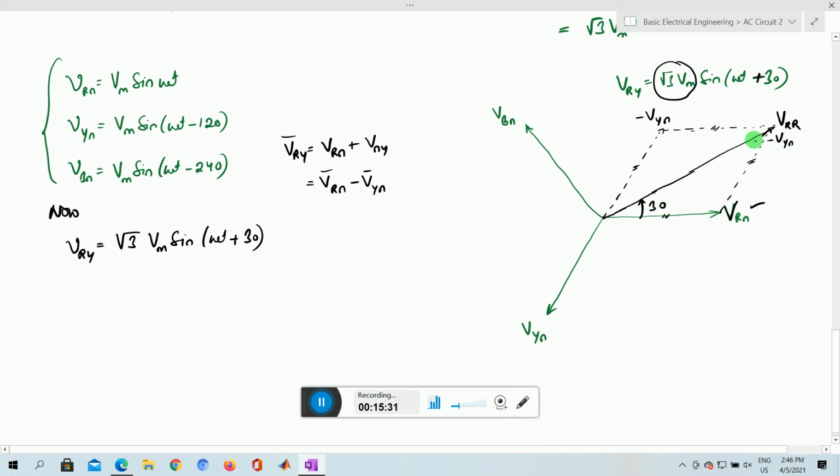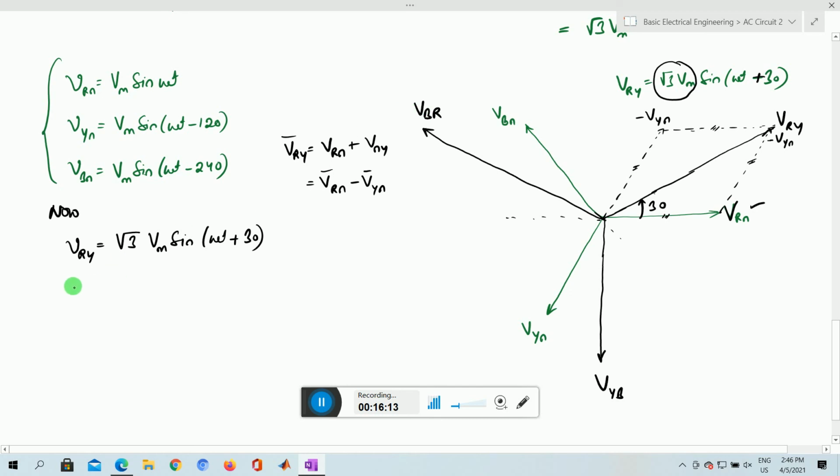Similarly, we can also draw for VYB. Y is here, take the negative of VB, and it will come exactly downward, and this line represents VYB. Similarly, VBR: B and R, negative of it, will come like this, and here we get the other line voltage VBR.